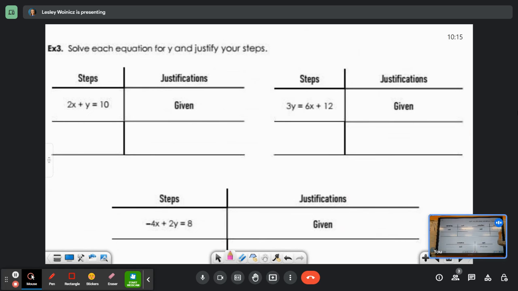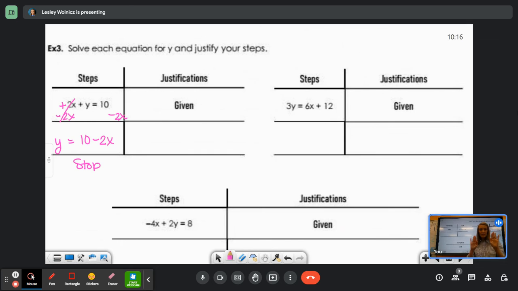So I have a positive 2x on the left with my y, and I don't want it there. I want the y alone. So I'm going to have to subtract 2x from both sides. Okay, that gives me y, these cancel, equals a 10 minus a 2x. And then I stop, because 10 and 2x are not like terms.